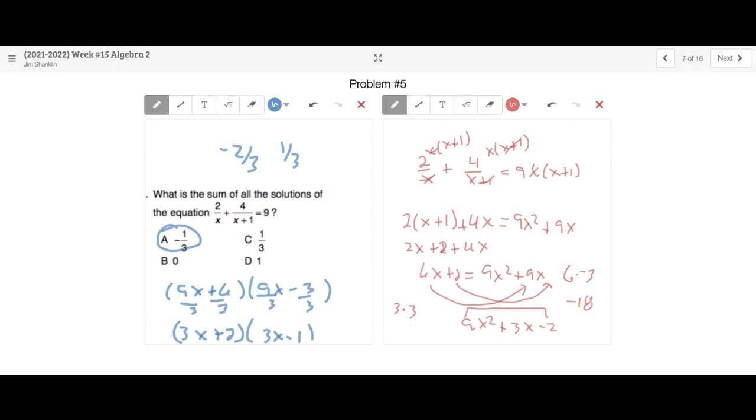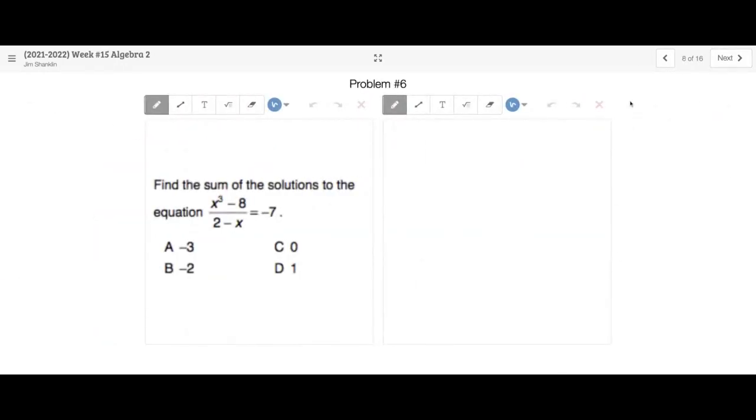All right. Problem number 6. Not too bad. Now, that x to the 3rd minus 8, not going to be cool. Just looking at the way I would do this problem, I still think I would just multiply through to get rid of the denominators.